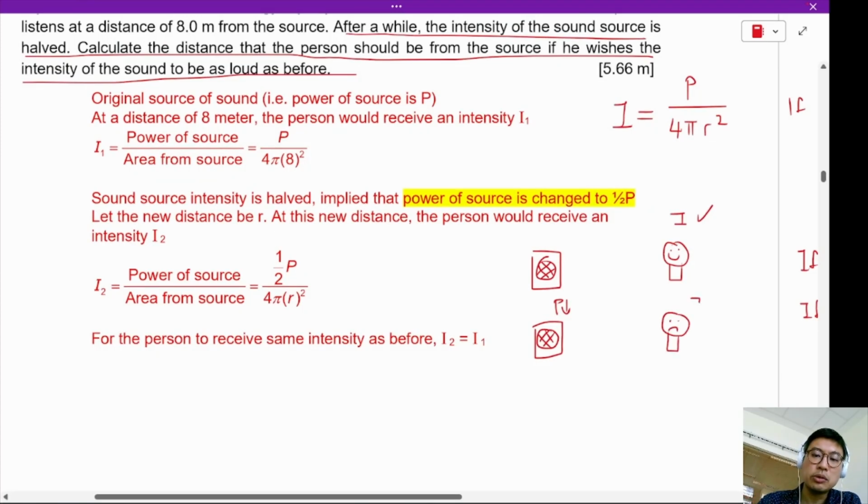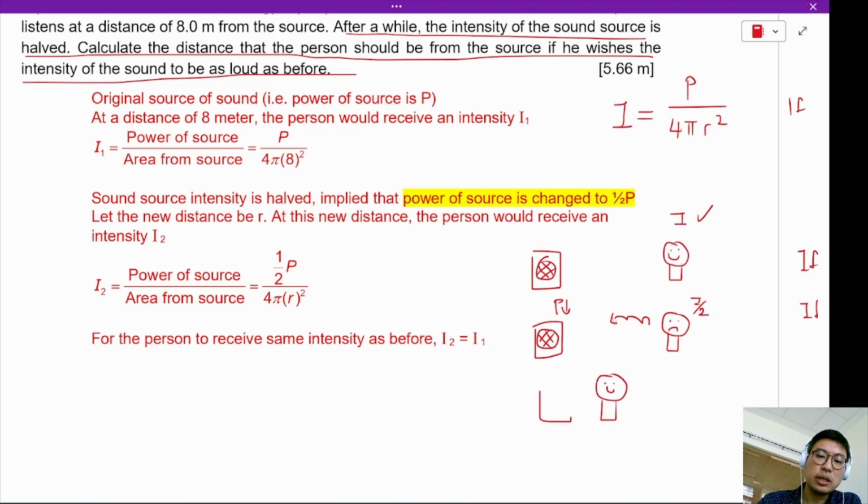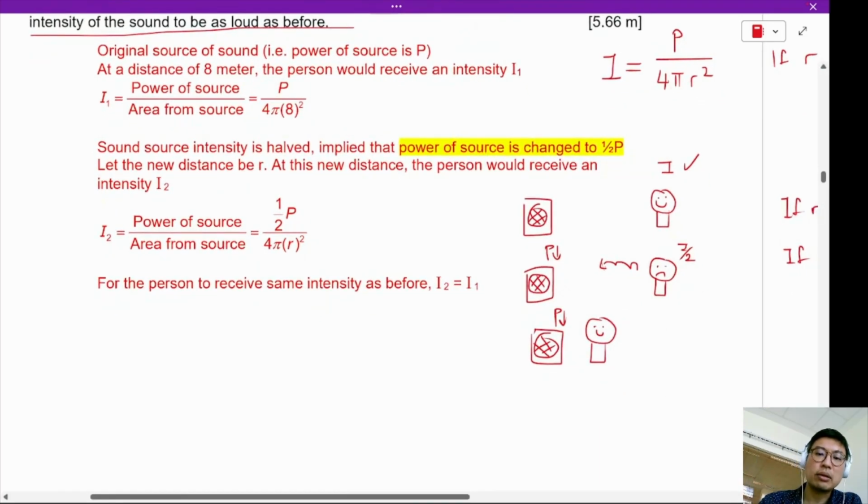Oh no, the music got softer, I/2. So he's very unhappy. So what he does is that he moves over to here, where the speaker's power is still lower, but the intensity is back to I again.